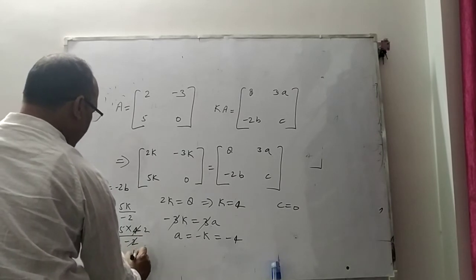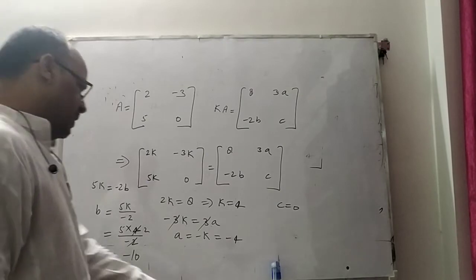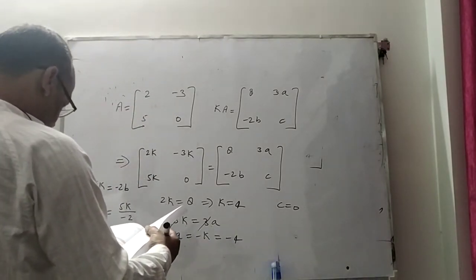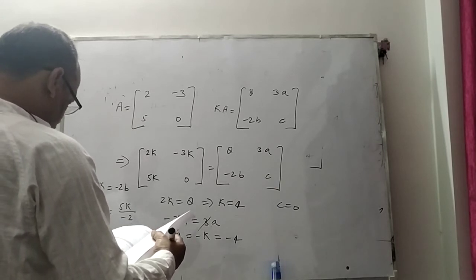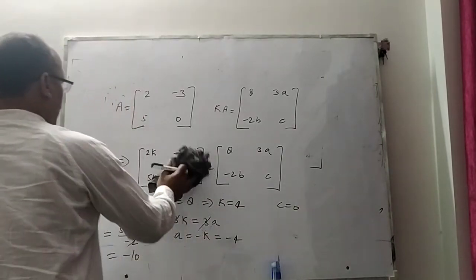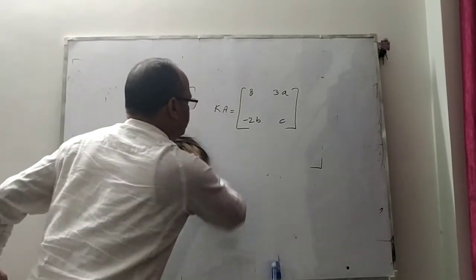It will be minus 10. Clear? Okay. In this way, you can get the values. Other questions are the same type of questions. Okay. Now we'll see some more questions.